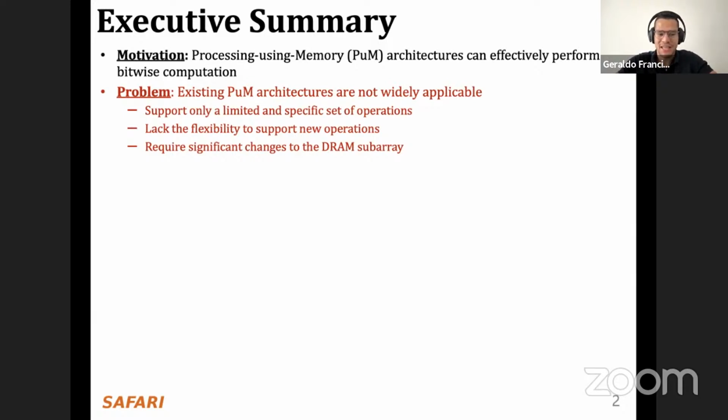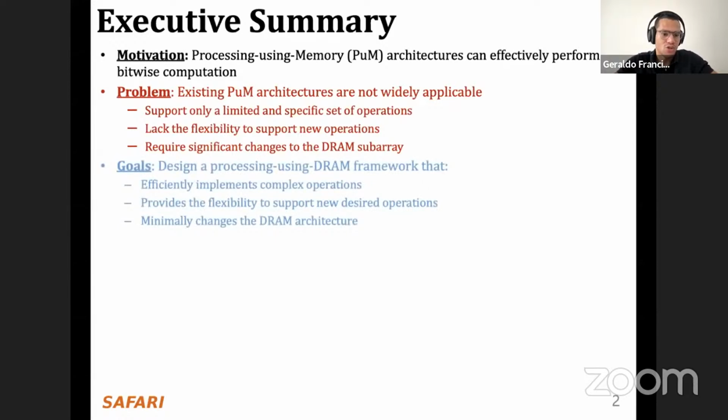And if the processing-using-memory architecture were to enable more complex operations, it would require significant changes to the DRAM subarray, which is quite costly, and DRAM manufacturers are often not so happy to change that design at all. So the goal of this work was to design a processing-using-DRAM framework that can solve those three problems that I just mentioned.